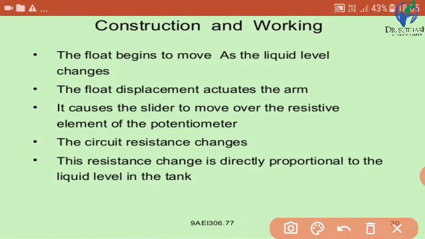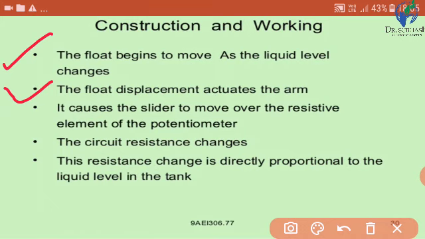Now construction and working. The float begins to move as the liquid level changes, as we have seen, because the float is directly placed above the liquid. The float displacement actuates the arm. Whenever there is a displacement in the float, it will actuate the arm of the potentiometer.